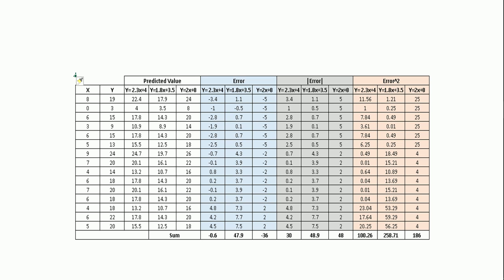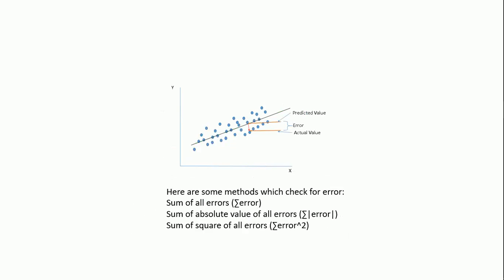Here x and y are the coordinates of our points. There are three lines, so I have made three columns for each one. As I said, there are three methods, so I have made three columns for all of them.